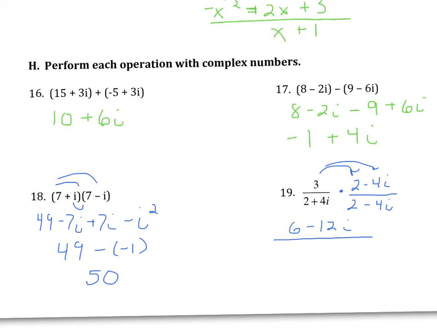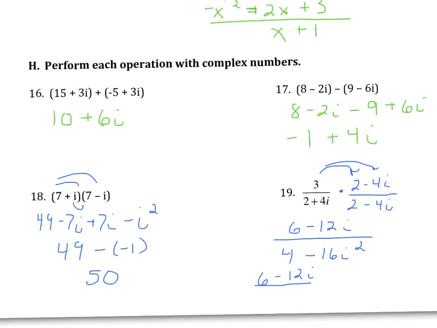And then on the bottom, since we're multiplying two conjugates together, just like in 18, the middles are going to drop out. So we'll just do 2 times 2, which is 4, and then positive 4i times negative 4i, which is negative 16i squared. And again, i squared equals negative 1, so we'll get 6 minus 12i all over that negative 16.